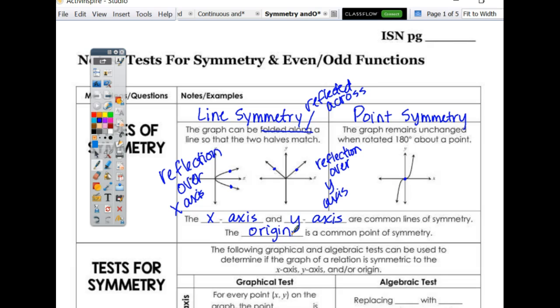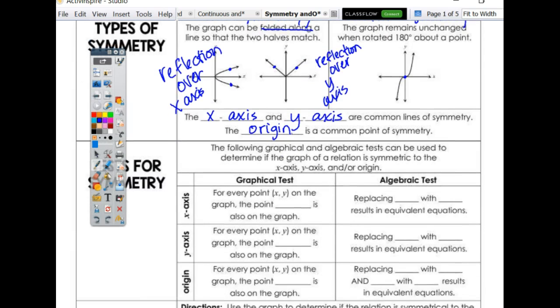We reflect over the x and y axis a lot, and a lot of times we rotate around the origin. So this was reflected over the x-axis. The x remained the same, but what changed in that one? The y's. So I also need x and negative y.